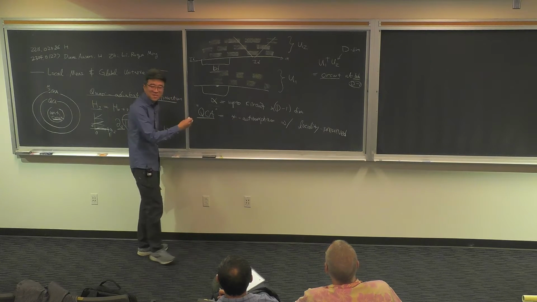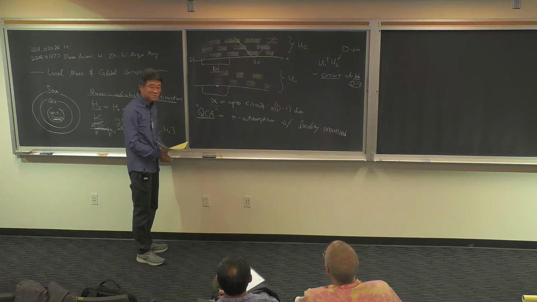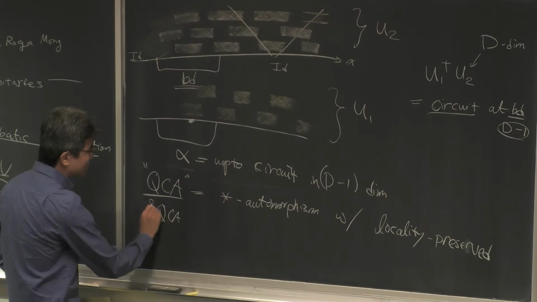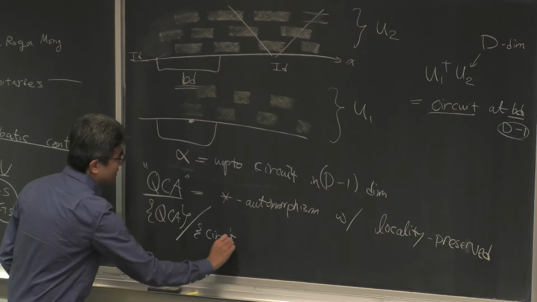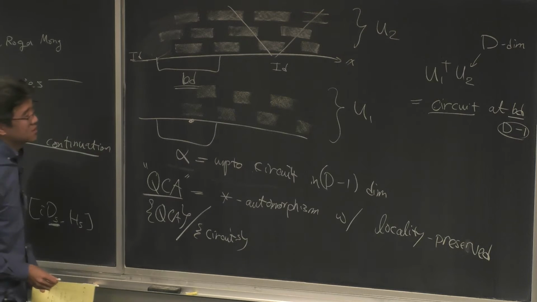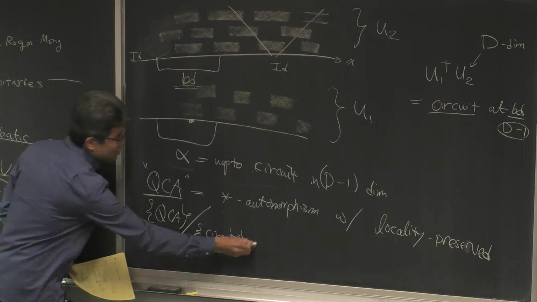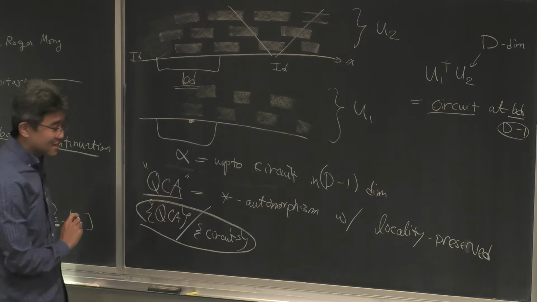It is just the locality-preserving automorphism on the operators, like a big unitary that happens to preserve locality. And I wonder about the group of all QCA modulo circuit. So a loop in the one-dimension higher unitary circuit lands into this object in one dimension lower. And this object is non-zero.